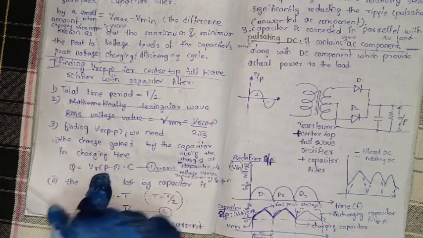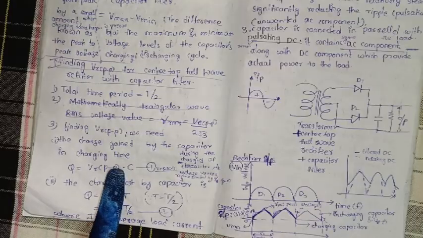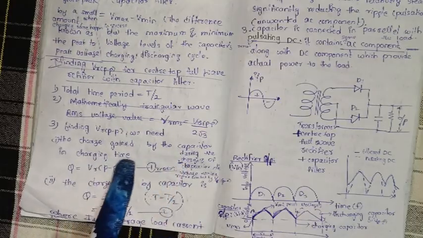So that's why we have taken ripple voltage peak to peak. So we get the charge gained by the capacitor in charging time.